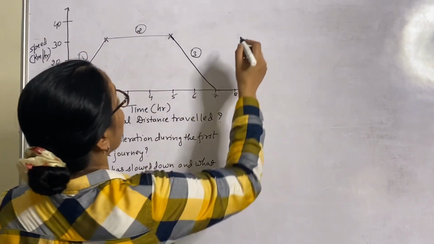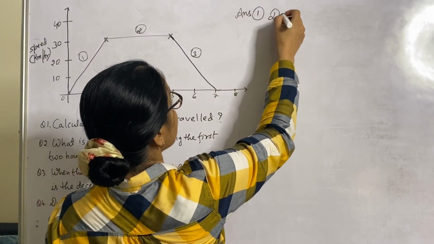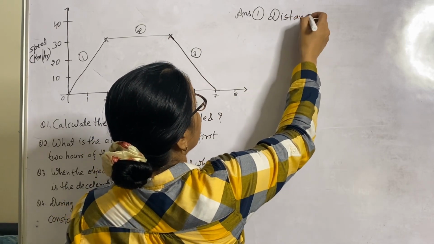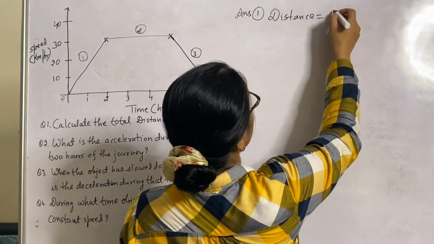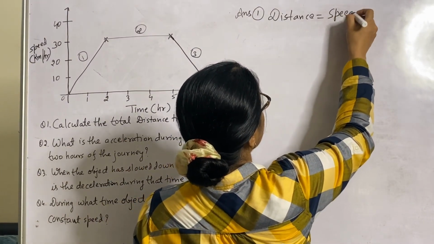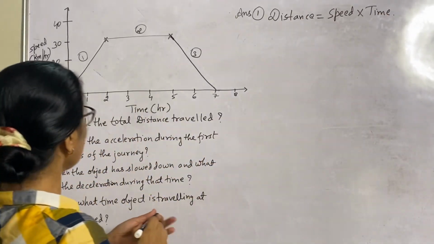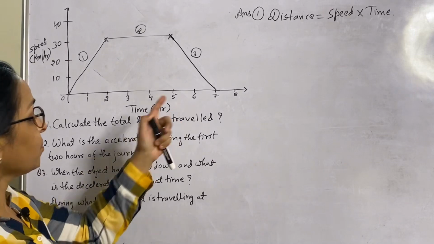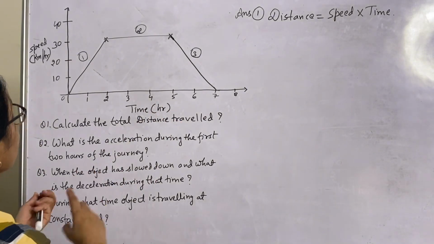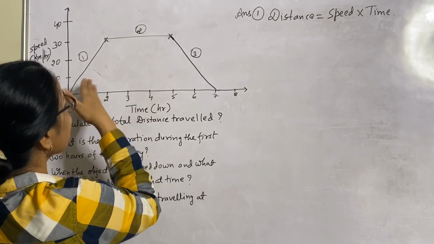So what is distance actually? Distance travelled is equal to speed multiplied by time. Now our speed is on the y-axis and our time is on the x-axis. This is actually a trapezium.